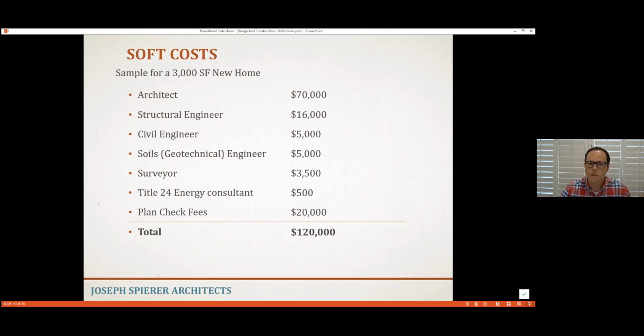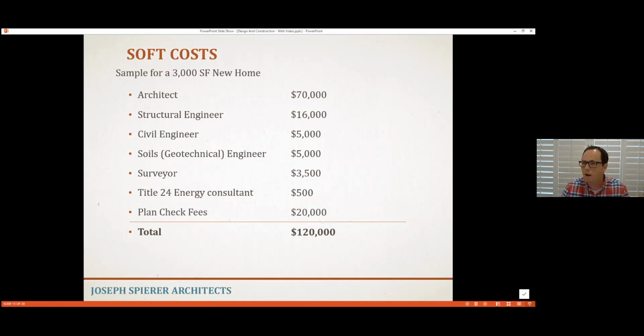Architects are kind of like snowflakes. You can talk to 1,000 different architects, and you're going to get 1,000 different prices, and they all offer different products. You might spend $20,000 for a 3,000 square foot house, but the product you're going to get is very different.